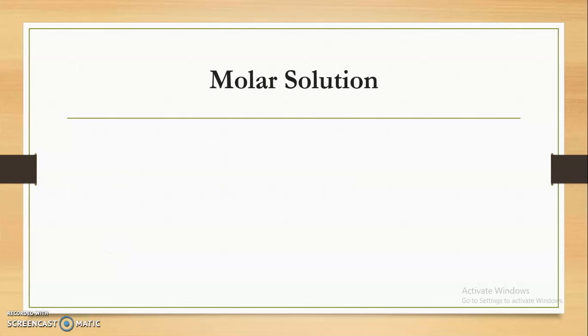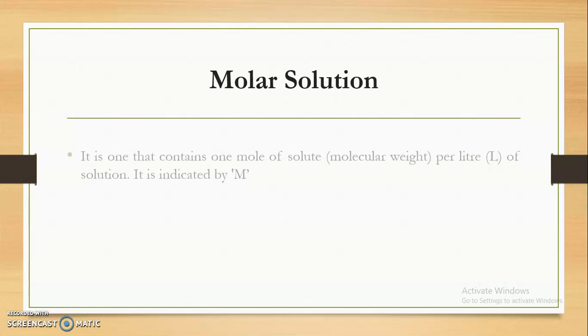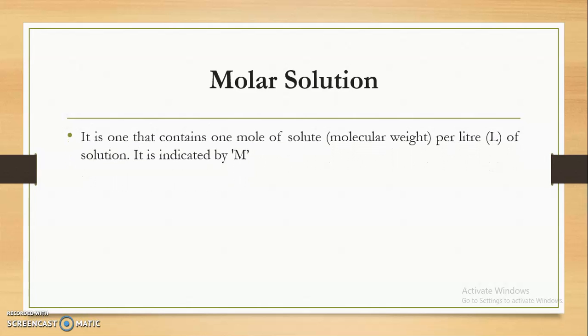Now the next term that is used for the expression of concentration is molar solution. It is the one that contains 1 mole of a solute per liter of a solution. So molar solution is defined as number of moles of a solute per 1000 ml or per liter of the solution.